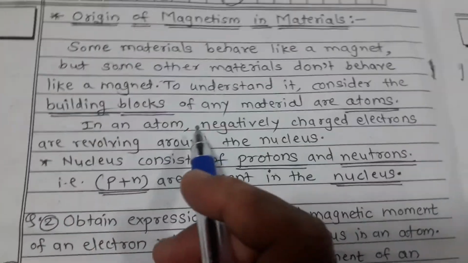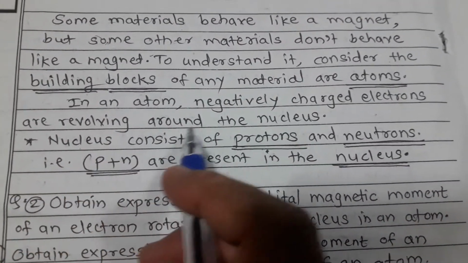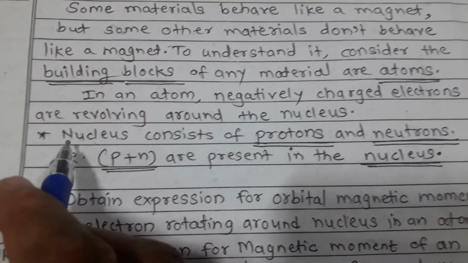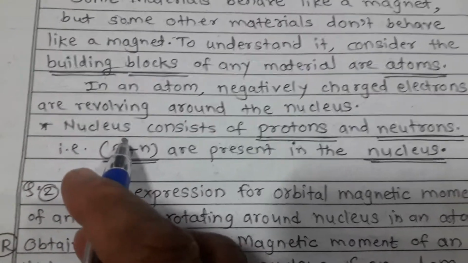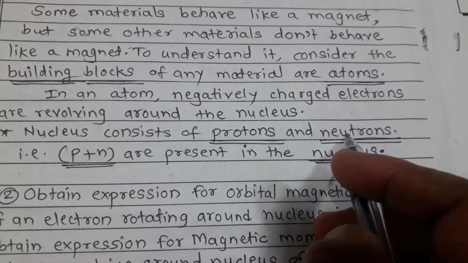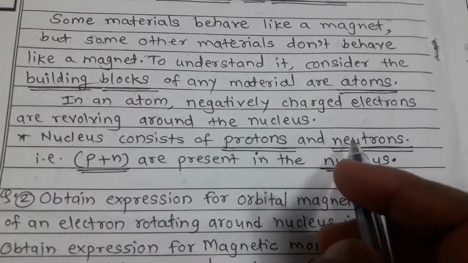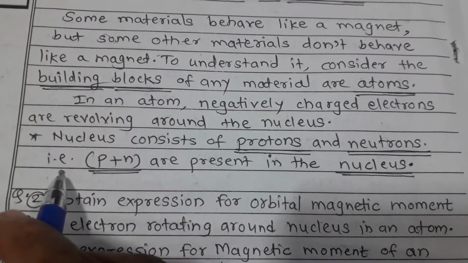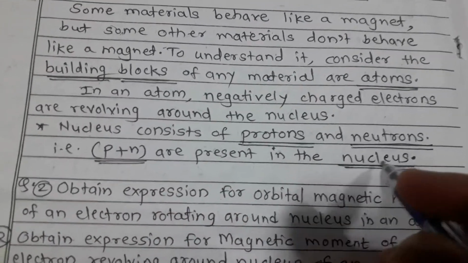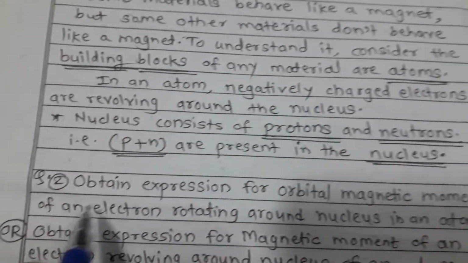In an atom, negatively charged electrons are revolving around a nucleus. Next point, nucleus consists of protons and neutrons. See here, proton is represented by P and neutron is represented by N. That is, P plus N are present in the nucleus. And nucleus is at the center of any atom.